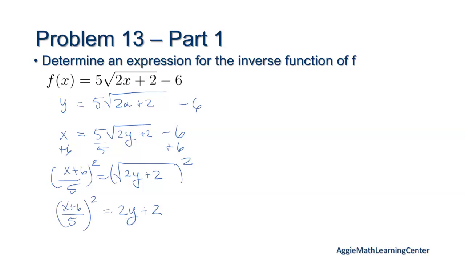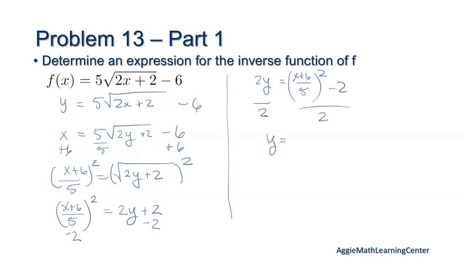Okay, now I can keep going. Subtract 2 from both sides. I'm going to move it up here. And then last step, divide everything by 2, and now I have y equals x plus 6 divided by 5, all of that squared, minus 2, divided by 2.